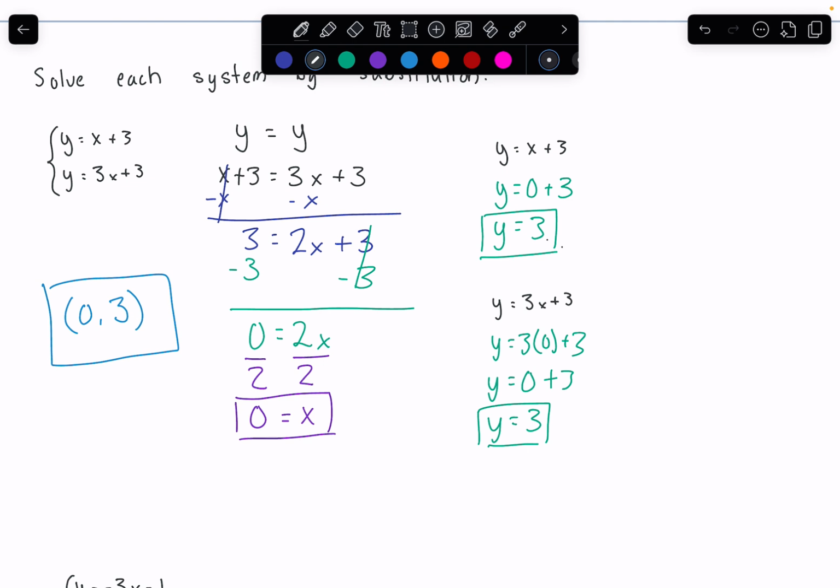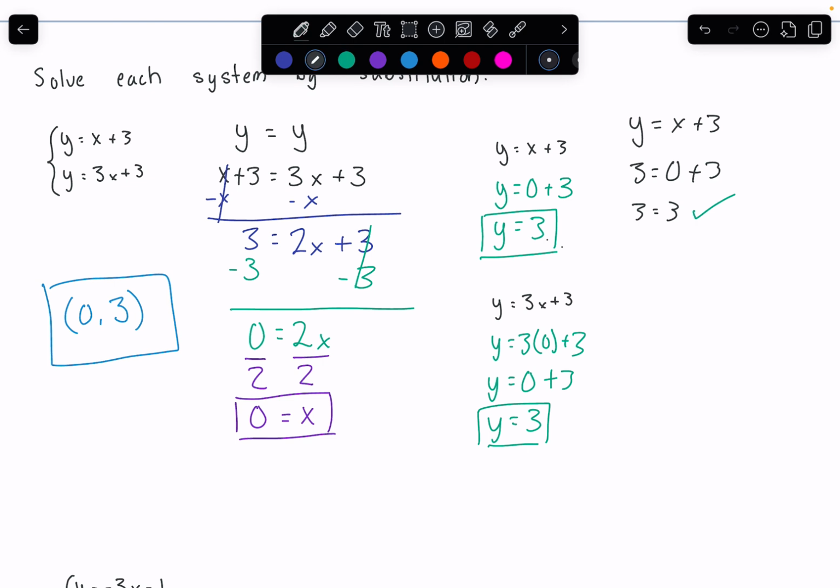If I took over here on the right-hand side, y equals x plus 3, and plugged in both of my values, y is 3 and x is 0, and evaluated, I would get 3 equals 3. That's a true statement.